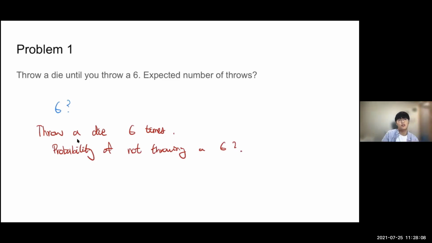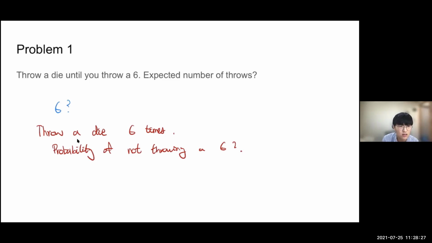So somebody talked about the geometric distribution, which is correct. I'm talking about the geometric distribution here. You should at least explain a bit more.